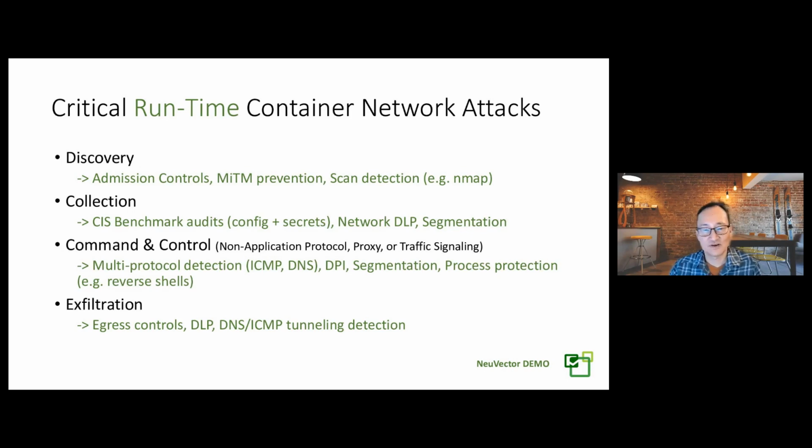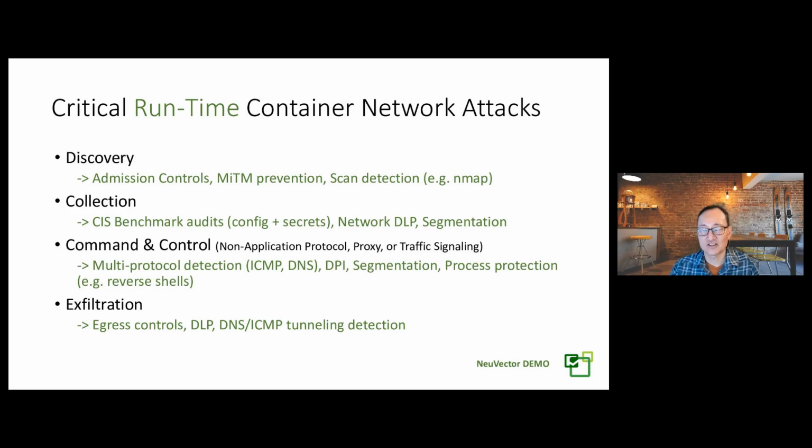But a lot of times you do have to allow DNS to get out of the cluster, maybe ICMP, and tunneling can be used to connect to command and control. So deep packet inspection, DPI, network DPI is a technique that we implement so that we can see into the network payload.